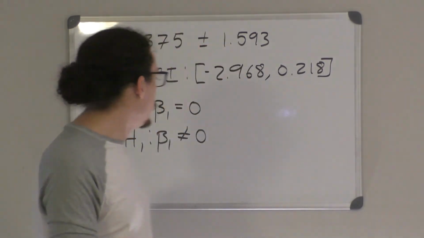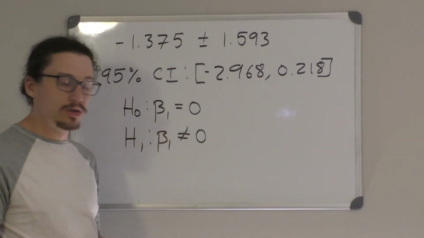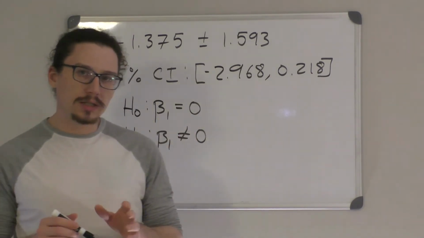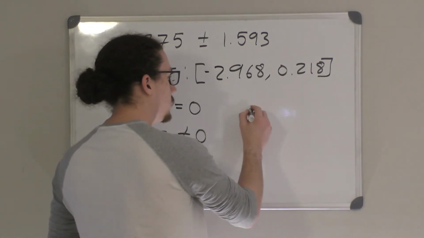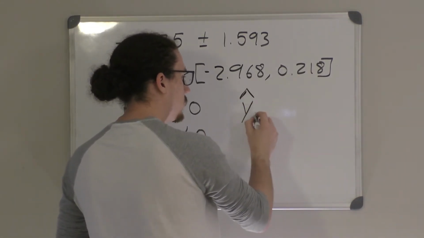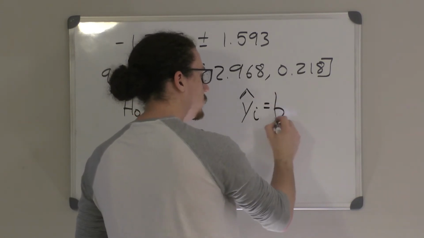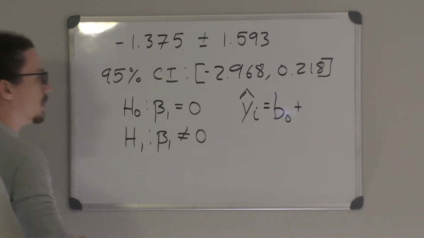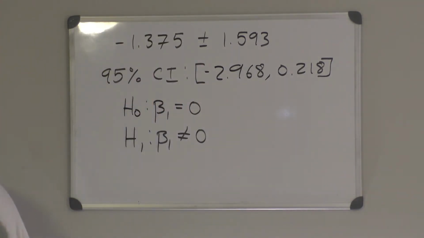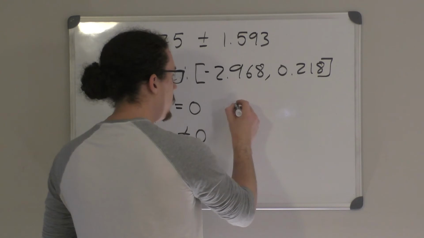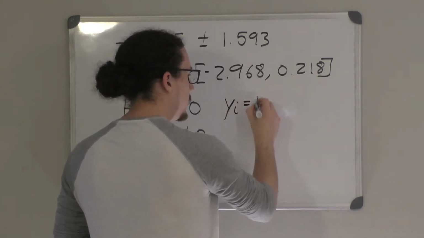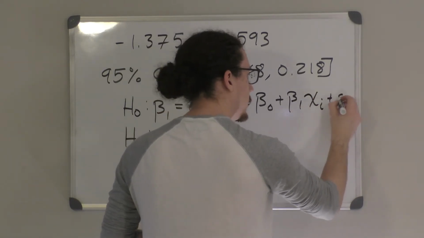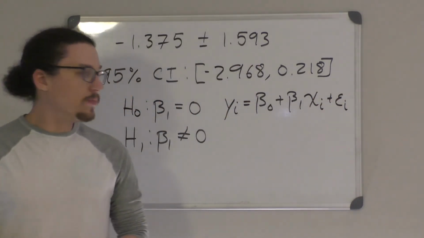If the null hypothesis is true and beta 1 equals 0, that means when we have our equation, I guess really we could just write it in terms of the model. The end results are going to be the same. So yi equals beta naught plus beta 1 xi plus ei, right?